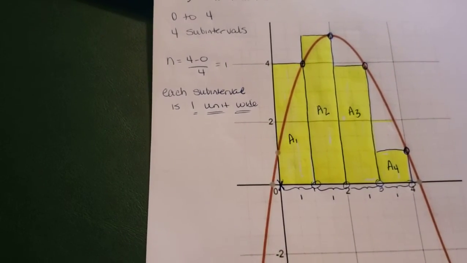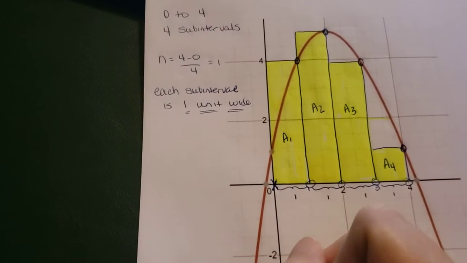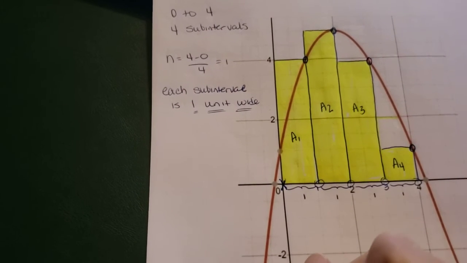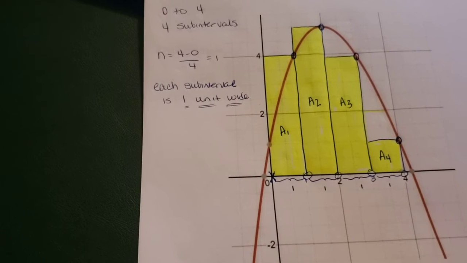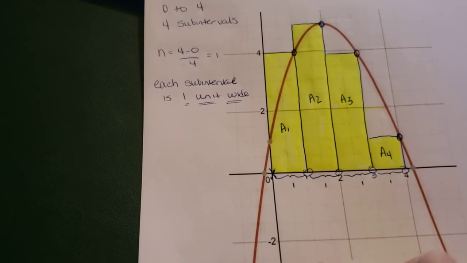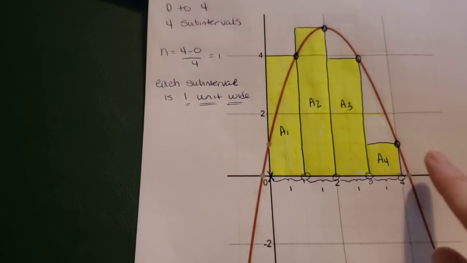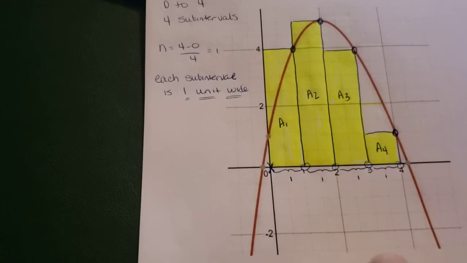All right, so we did some of these calculations before. I know f of 1 equals 4, f of 2 is 5, f of 3 is 4, and f of 4 would be negative 16 plus 16, which is 0.